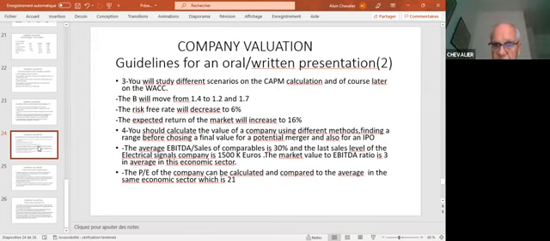And last, the PE of the company can be calculated and compared to the average in the same economic sector, which is 21. So we get more data, and of course I'm interested in the value or values and price for an IPO of this company.